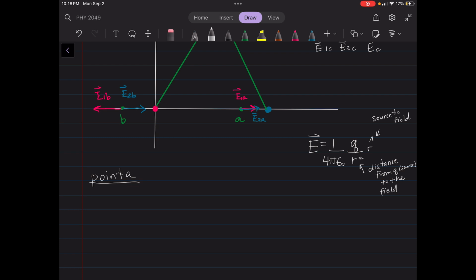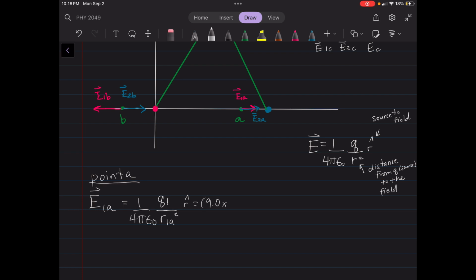Okay, so point A, let's calculate electric field due to Q1 at location A. So we're going to have our 1 over 4 pi epsilon naught Q1. All right, so what goes down here? R1A squared R hat. Let's fill in the blanks.